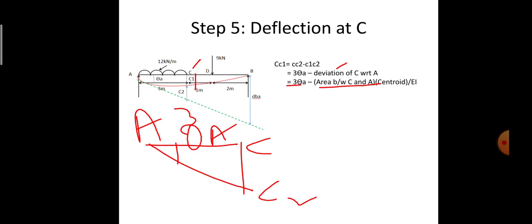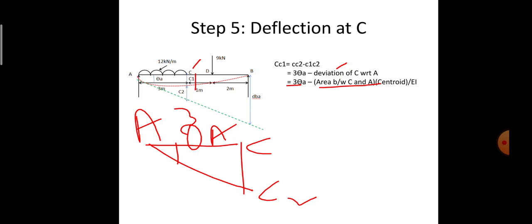As with the bending moment sketching in the previous slide, we need to consider only the respective shapes of the bending moment diagram between A and C itself.